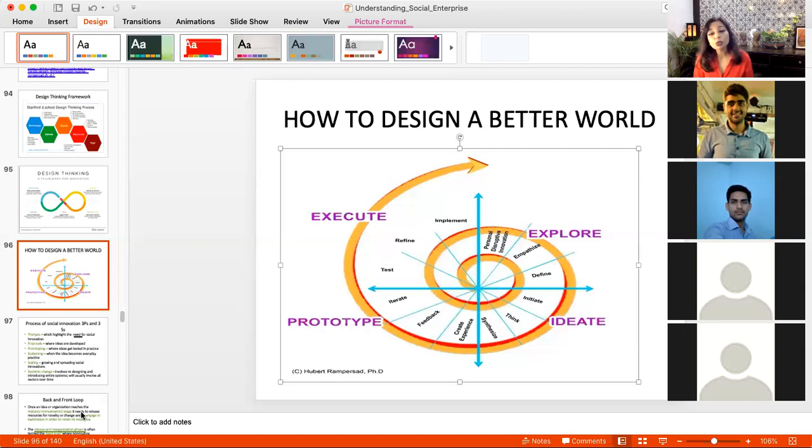So this is a tool, this is a skill which I recommend, not as a teacher of social enterprise, but as a person to person. I would request you to start practicing it. I myself am not a par excellence design thinker, but once you learn it, you will see that there is more rationality in how you are arriving at correct decisions.